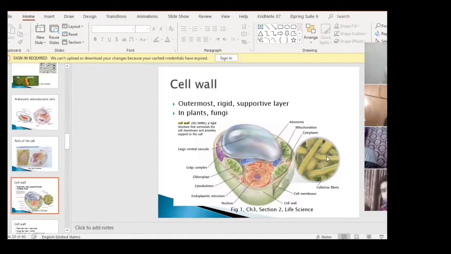Another thing: if one cell is different from another cell, like we can see the skin cells are different from the eye cells, and different from our blood. The blood cell is different from the other cells present in the body. If two cells are different from each other, that means these two cells have different structures.